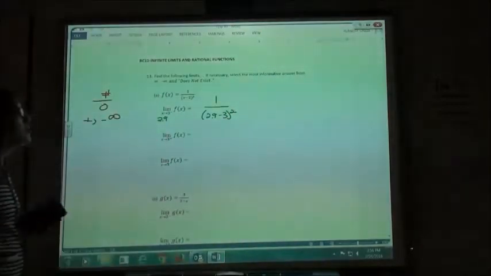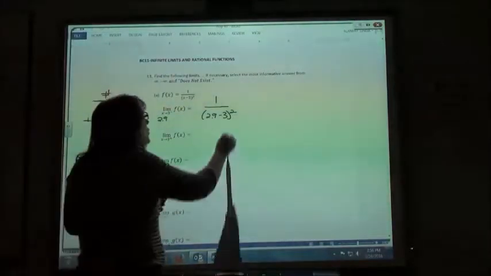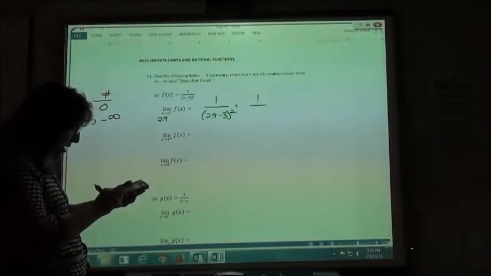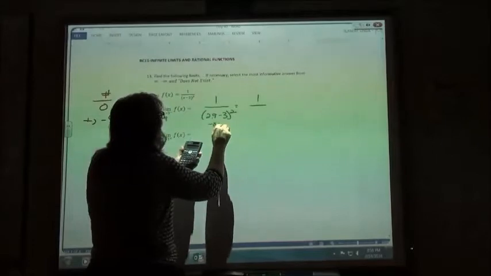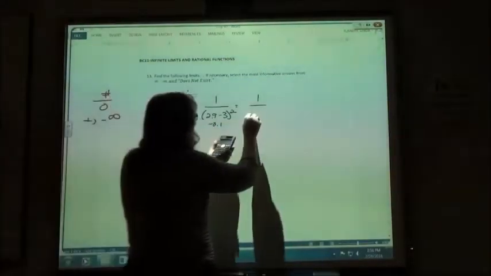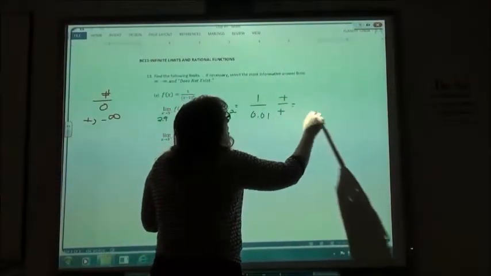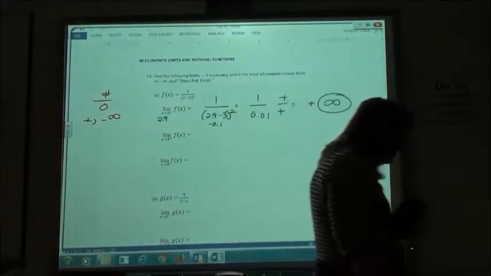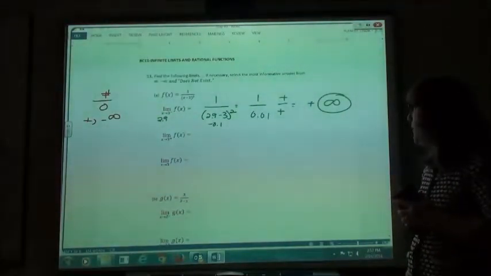Again, I'm really not concerned about the answer, I'm concerned about the sign of my answer. So I'm going to have 1 over, if I take 2.9 minus 3, I get negative 0.1, but when I square that, I get a positive 0.01. So I get a positive over a positive, which means I'm going to get a positive, and so infinity is going to be the limit on this one as x approaches 3 from the left-hand side.